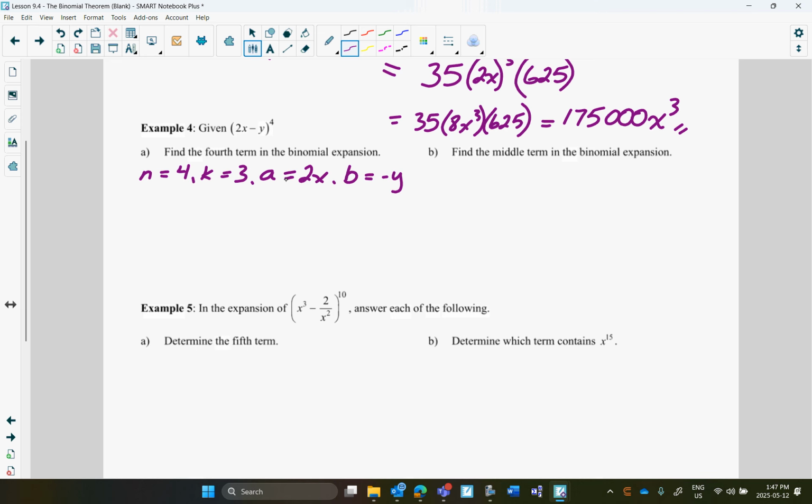So to find the fourth term, it's n choose k, 4 choose 3, times 2x to the n minus k, or 4 minus 3, times negative y in parentheses to the k, which is 3.